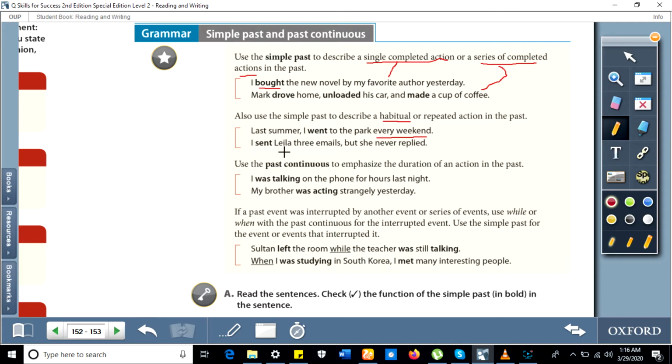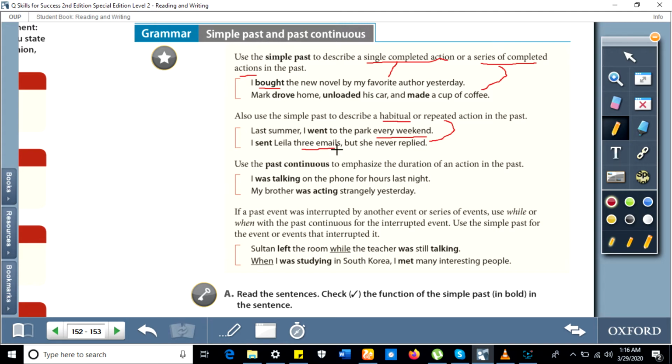Or, I sent Layla 3 emails, but she never replied. And this one here is the repeated action, like 3 emails, right?